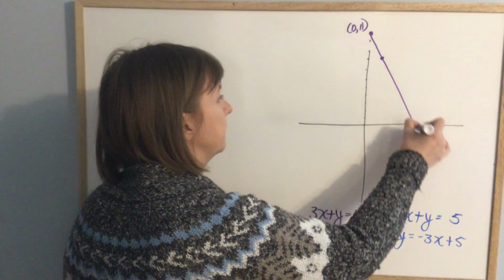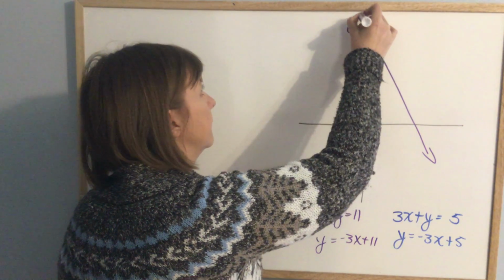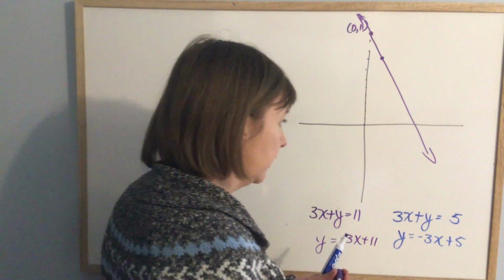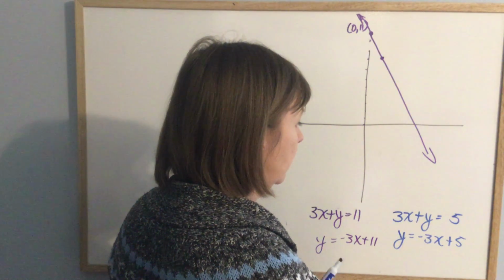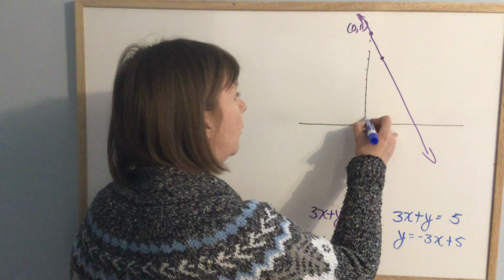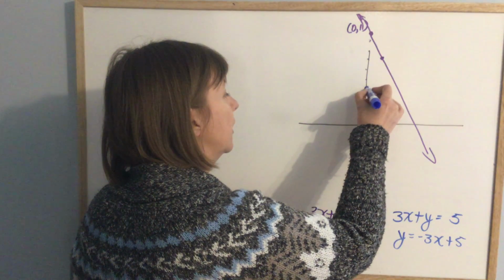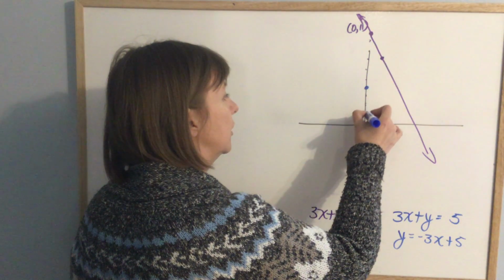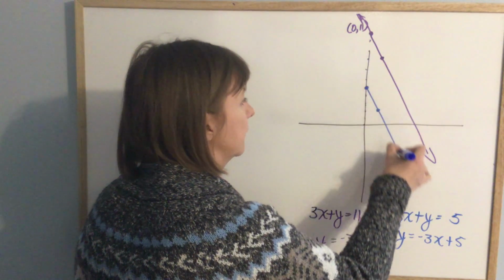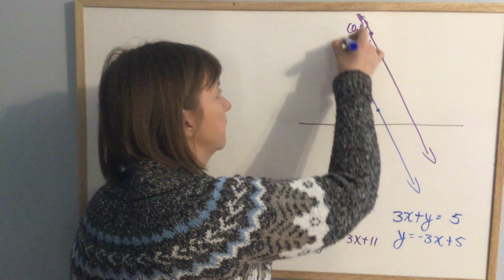So this would be the line. For the other one, the y-intercept would be at 5, and the slope is still down 3 and over 1, so it would look like this.